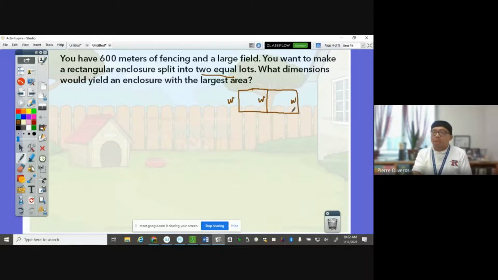There will be three widths here, and the entire side will be length and length. All 600 meters are used, so our perimeter is three widths and two lengths: 600 equals 3W plus 2L.